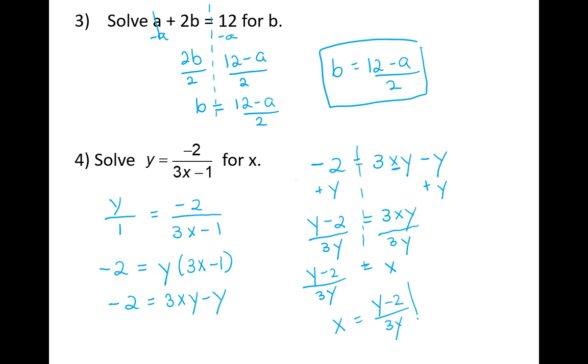That one was definitely harder. Like I say, since this side is a fraction and this side is not a fraction, you can put the side that's not a fraction over 1, and then it looks more like a proportion, and you can cross multiply it to get it where you don't have a denominator. It's having that denominator that causes the problem.